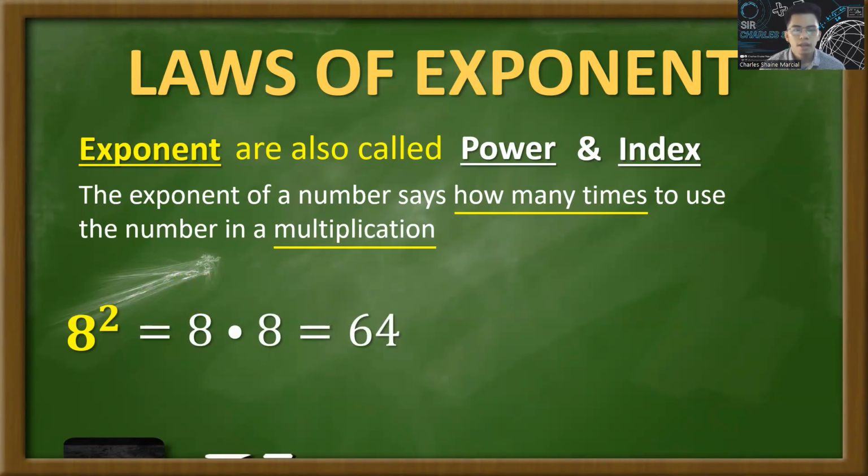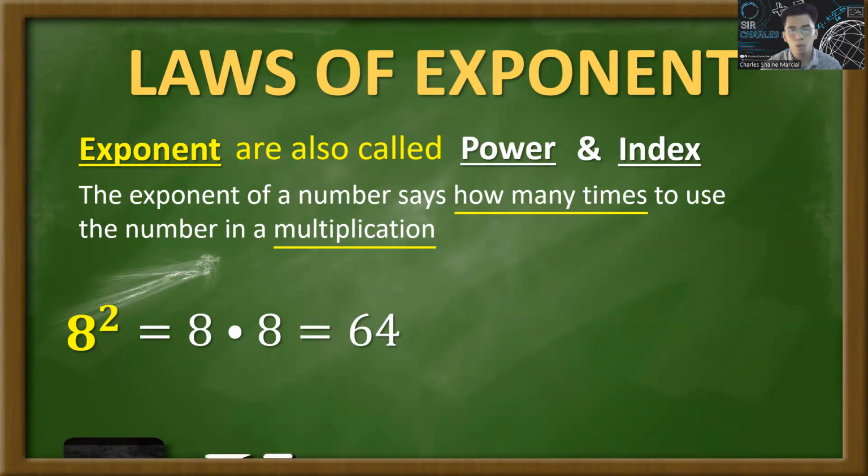Sabi dito, an exponent says how many times to use the number being multiplied. Ibig sabihin, yung exponent natin, itong 2 na nakikita natin sa taas ng 8, siya yung magsasabi sa atin kung ilang beses natin imumultiply si 8. So that's why we have 8 times 8, and that is equal to 64.